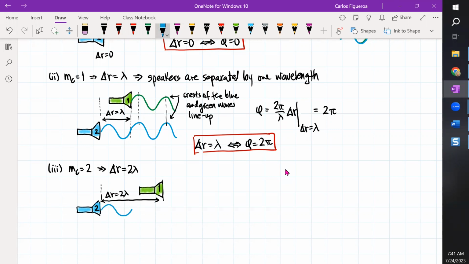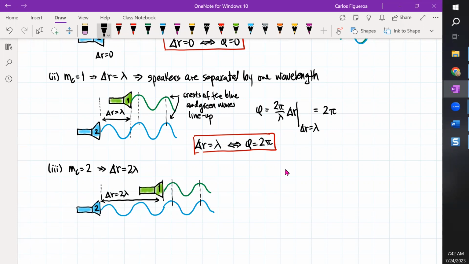Here's 1, here's 2, and then the waves continue after that. Then the green wave is in phase with the other wave. Again, you can see that the crests are matching up here.